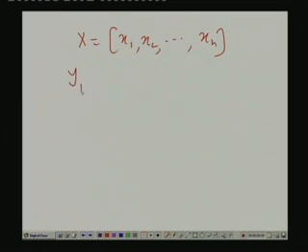Then you remember when we considered 2 random variables, then we moved to function of random variables, and we considered 2 functions of 2 random variables, right. Here what we are given is this x, and we consider some functions y 1, y k.